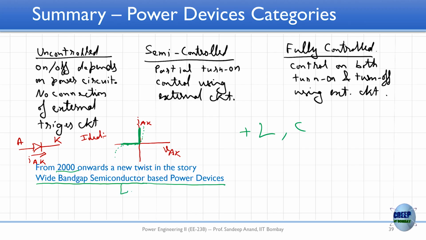The basic idea is that you replace silicon with some other semiconductor, still use the same or a similar structure as the MOSFET, and build new devices using that. Essentially, silicon gets replaced by gallium nitride and silicon carbide. These are the two popular technologies.